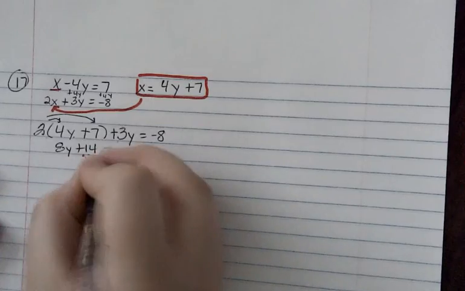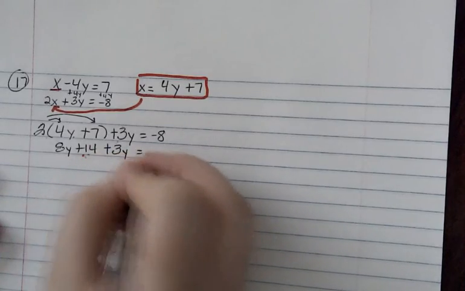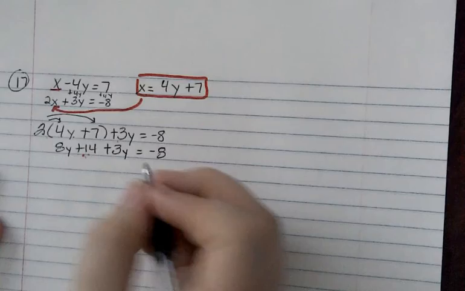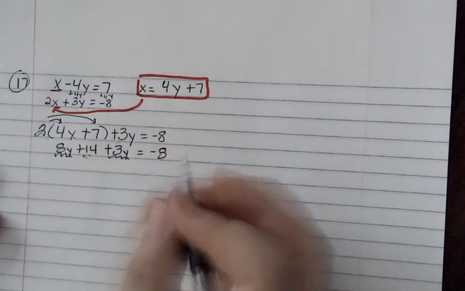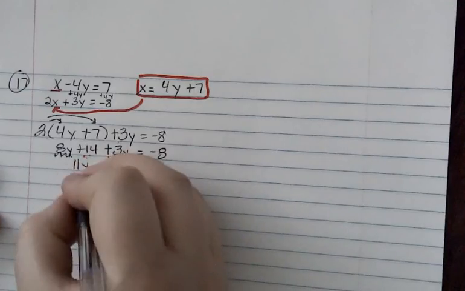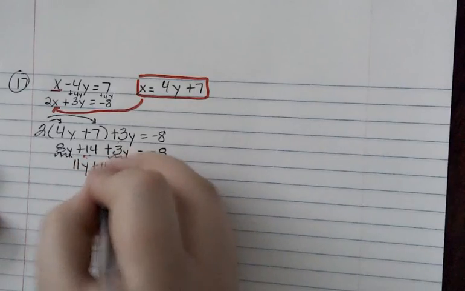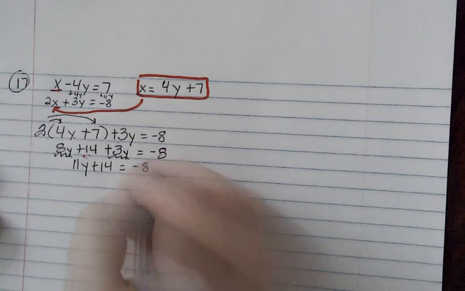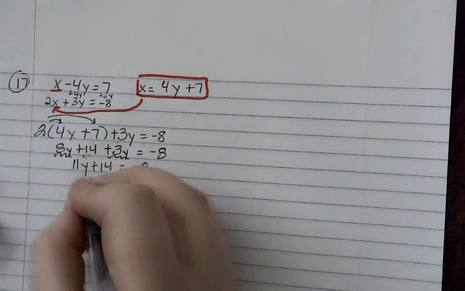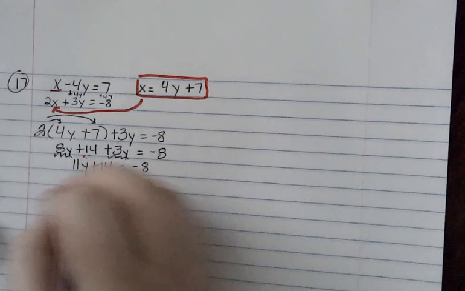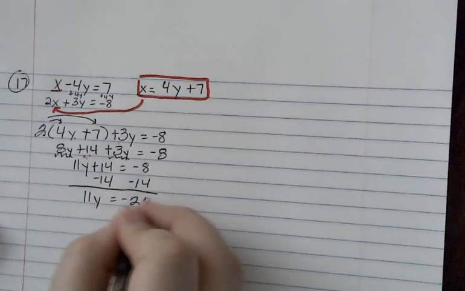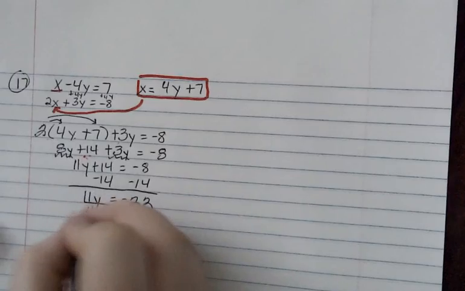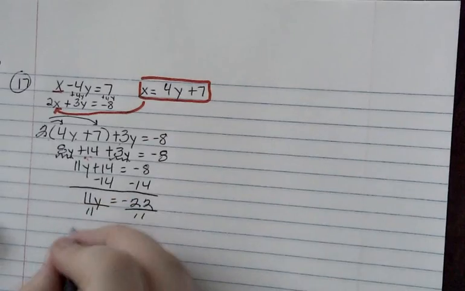Bring down your 3y and your negative 8. So 8y plus 3y is 11y. Bring down your 14 and your negative 8. Subtract 14 from both sides to get 11y equals negative 22. Divide both sides by 11 to get y equals negative 2.